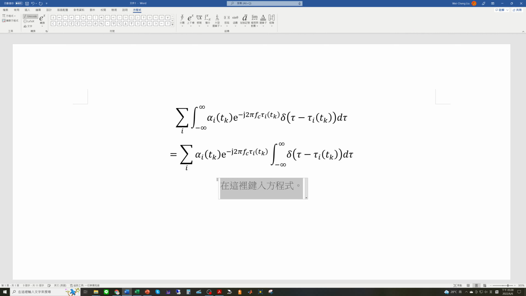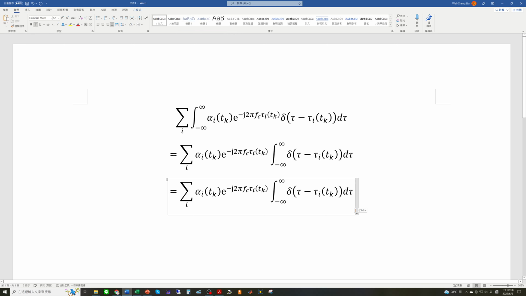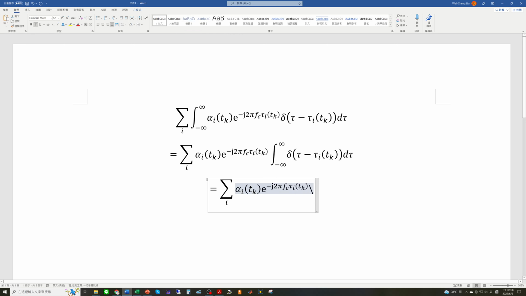So we can write it is equal to the summation. Let me copy this. Summation, and this is equal to 1. Good, so we can delete this 1, and we will have this equation.